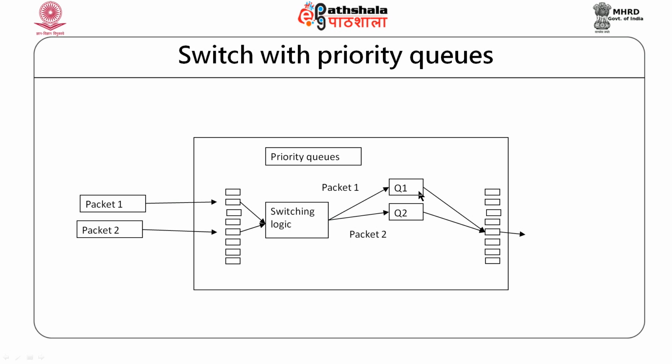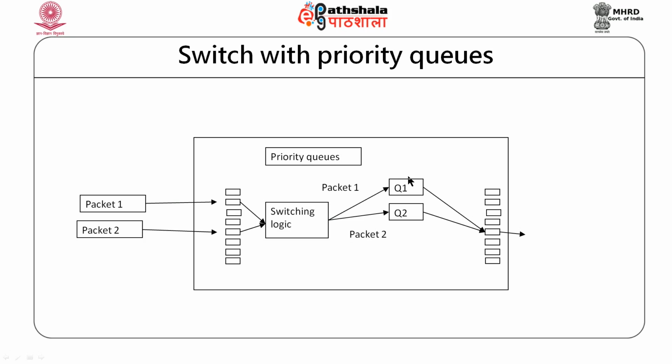Now, you may be surprised why you need something like this. Okay. If packet 2 is a VoIP packet, what we want is a better service for that. Here that service is possible to be provided. Maybe there are hundreds of other packets that come before this and are enqueued here in Q1, packet 2 will not wait for any of them, will join queue 2, and if there is no other packet, will leave the queue before any of the data packets do.